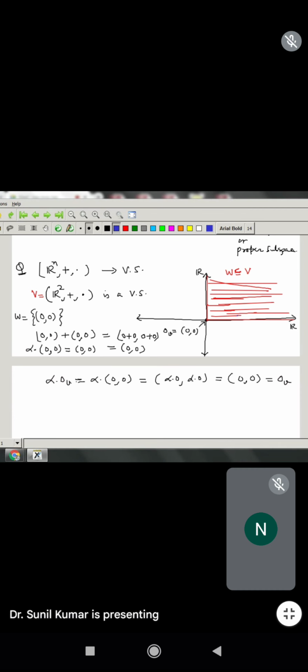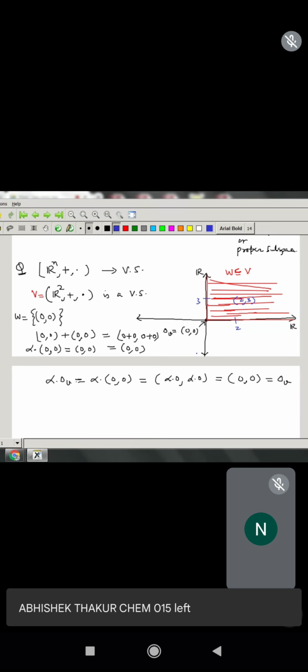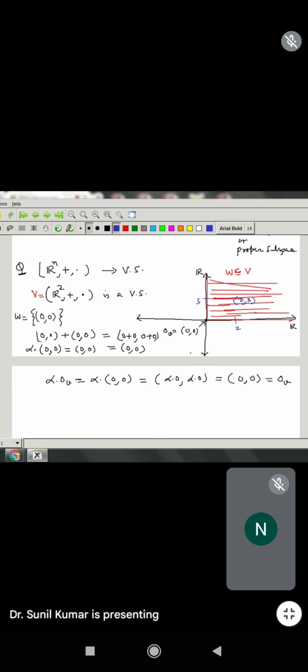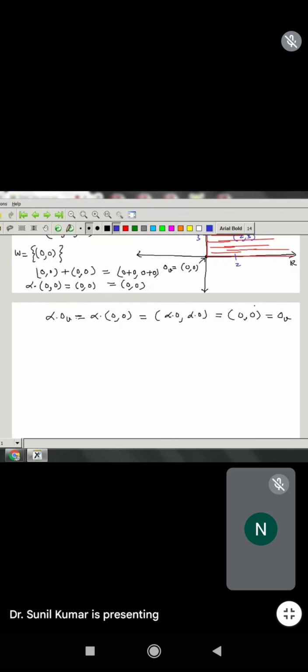I take यहाँ से 2, यहाँ से 3. I can take (2, 3). So what is the additive inverse of (2, 3)? (-2, -3). Does this belong to W? No sir. So is it a subspace? No sir, it is not a subspace.